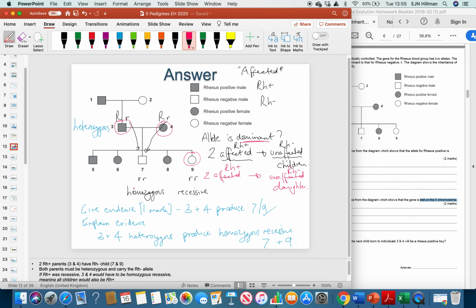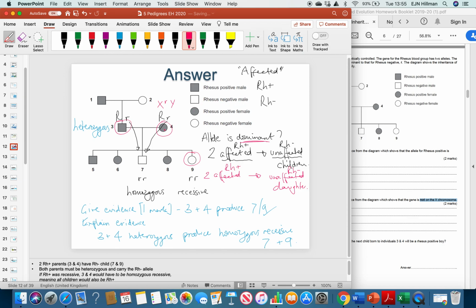Well, if it were sex-linked, to produce 9, an unaffected daughter, the father would have to carry the recessive allele on his X chromosome. And that would mean that he were a rhesus negative male. Now that's not the case.